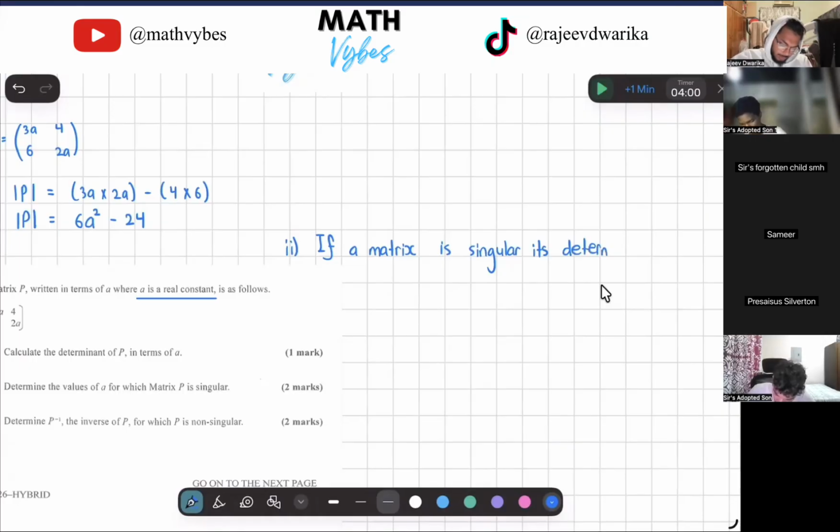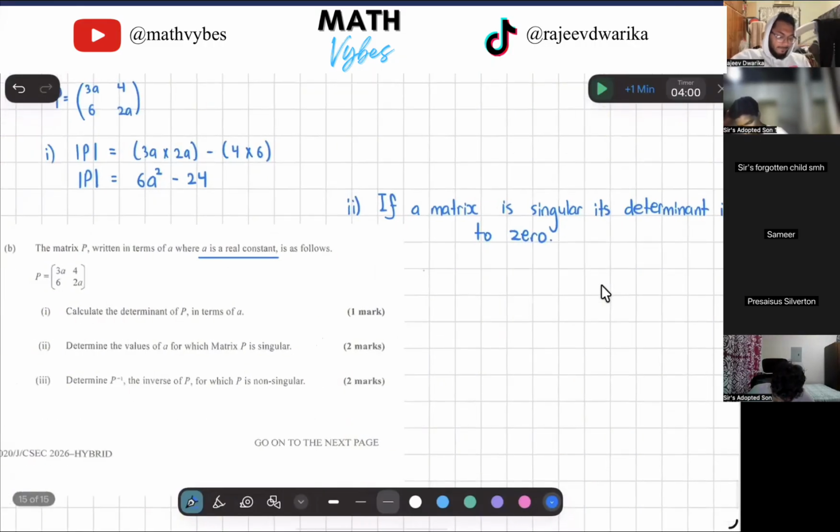Its determinant is equal to 0. So the determinant of P would have to be equal to 0. So we could say 6A squared minus 24, and if it is singular, then that entire thing is supposed to be equal to 0. Right. So we end up with an equation now: 6A squared minus 24 is equal to 0.